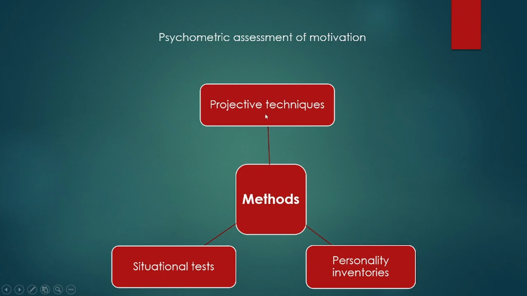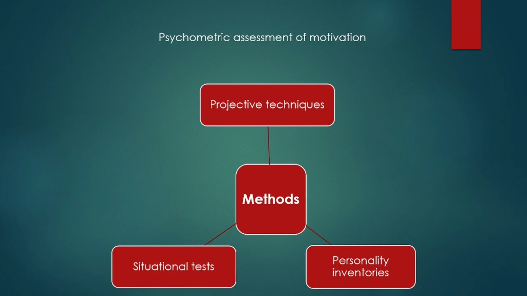Coming to the projective techniques, here what happens? It is also called the thematic apperception test. Here the researcher gives a series of ambiguous pictures and asks the subject to narrate a story: what is going on in that picture?